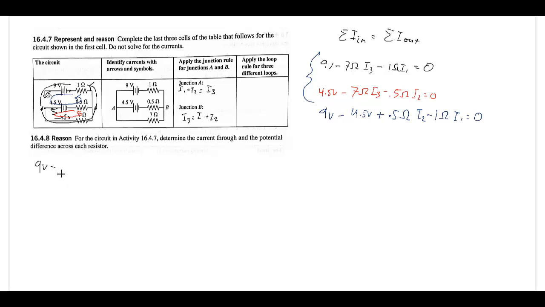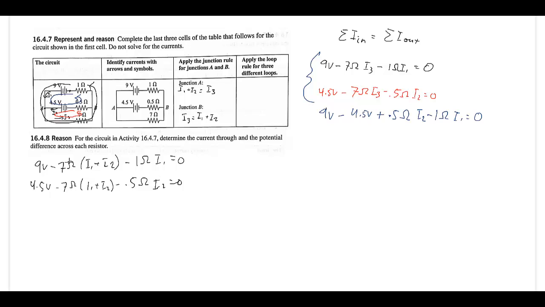For the first one, I've got 9 volts minus 7 ohms times (I1 plus I2) minus 1 ohm times I1 is equal to 0. And then I've also got 4.5 volts minus 7 ohms times (I1 plus I2) minus 0.5 ohms times I2.